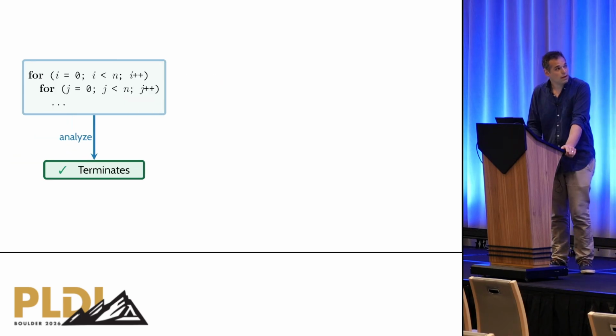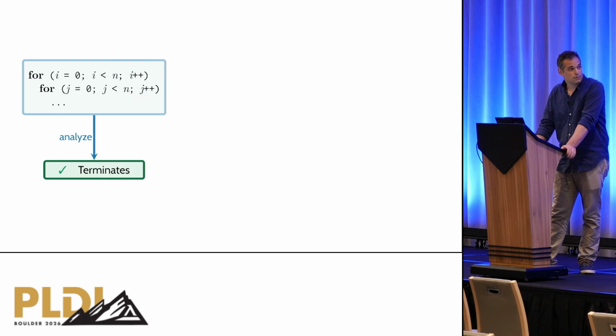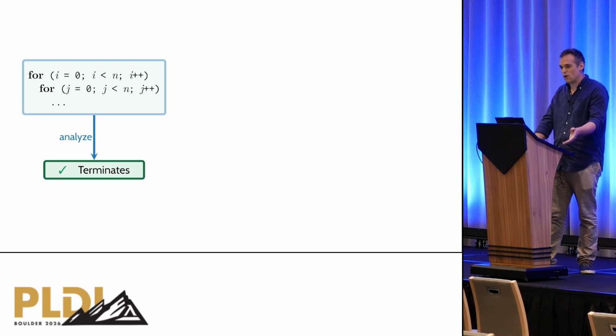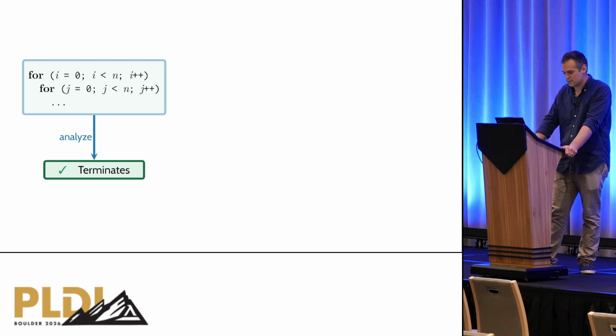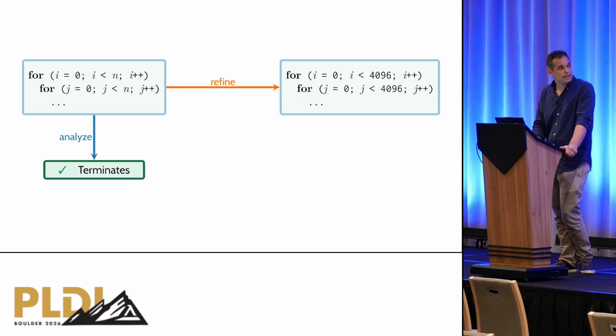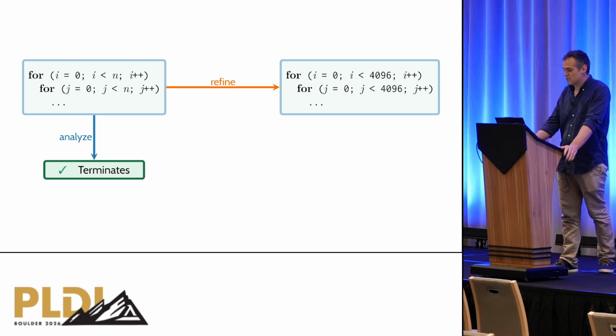Another example, let's take this little nested for loop, and we're going to analyze it with, say, Ultimate Automizer and prove that it terminates. And then we're going to replace this symbolic constant n with a concrete constant, 4096.